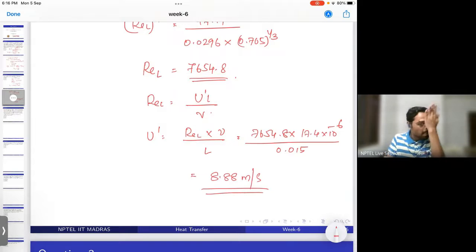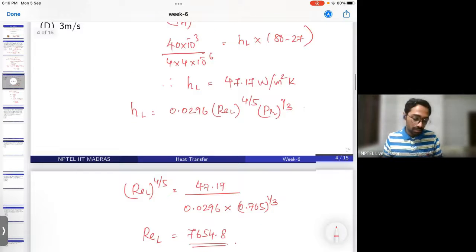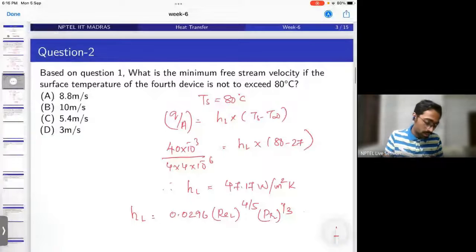So this is the minimum velocity that we need to supply in order to maintain the device temperature not to exceed 80 degrees Celsius.